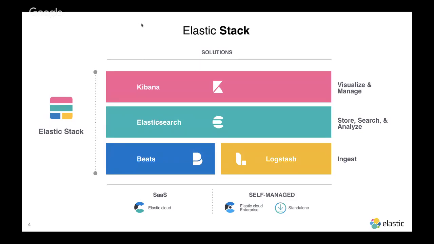We also have Elastic Cloud Enterprise, which you can deploy in your own data center. And we have software as a service, the Elastic Cloud itself, available as well. On top of the stack, we've built a bunch of solutions, things like APM for monitoring your application performance, SIEM for your security needs, and all kinds of other solutions built on top of that. And we have many, many courses in addition to the Kibana course that I'm talking about today that cover a lot of these technologies as well.